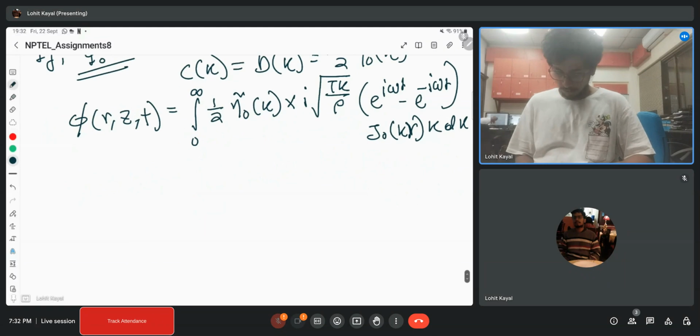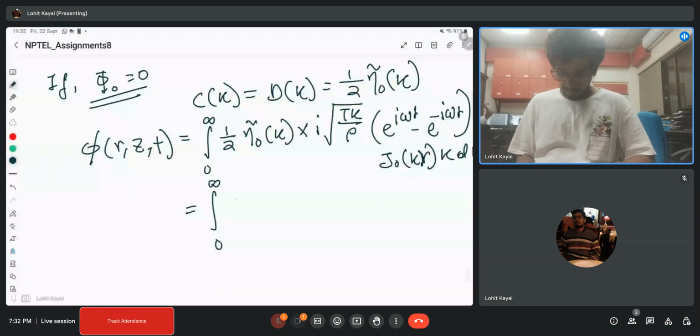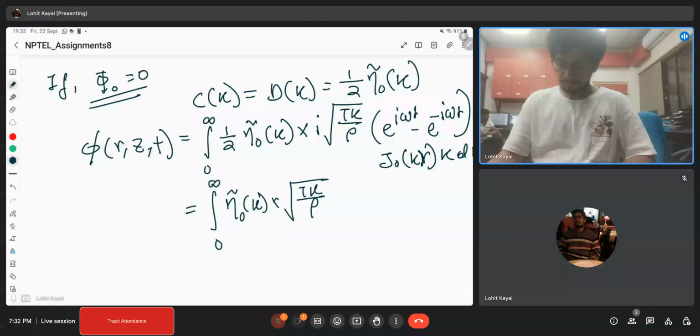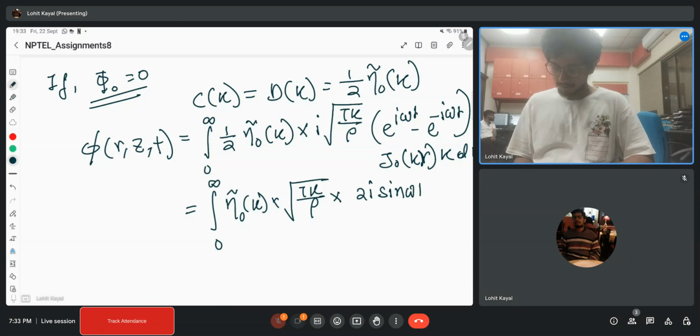It will become the integral from 0 to infinity of eta 0 tilde of k into Tk by rho, and e to the power i omega t minus e to the power minus i omega t gives you 2i sin omega t, into i into j0 kr k dk.